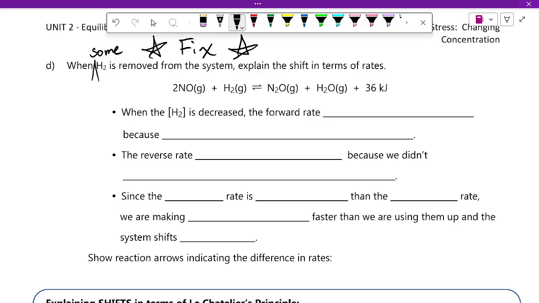Okay. So when H2 is decreased, are we ready? Anyone need more time?